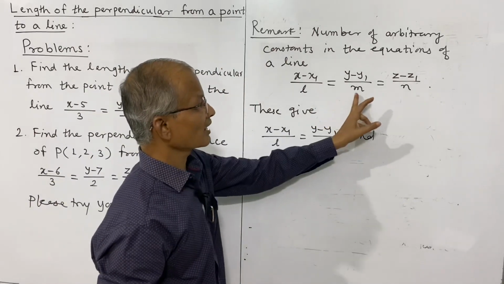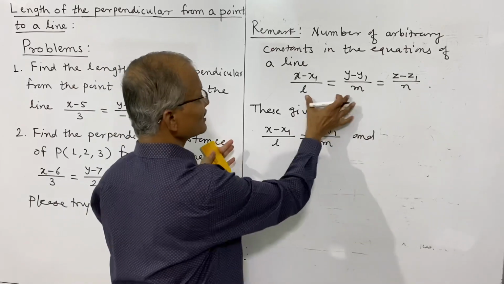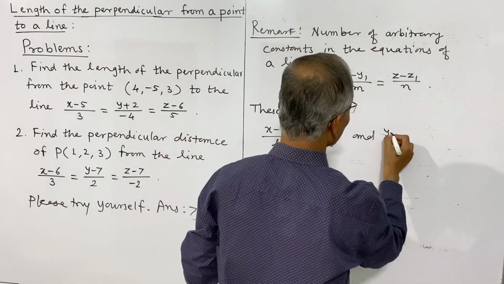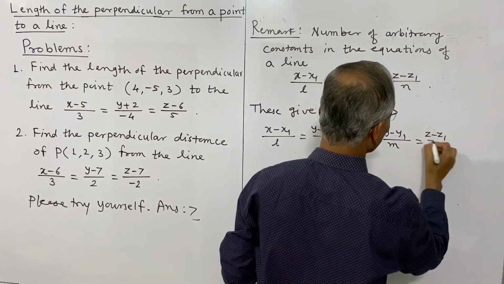Similarly, we can equate second and third. Also, we can equate the first and the last, but we will consider these two equations. y minus y1 divided by m is equal to z minus z1 divided by n.